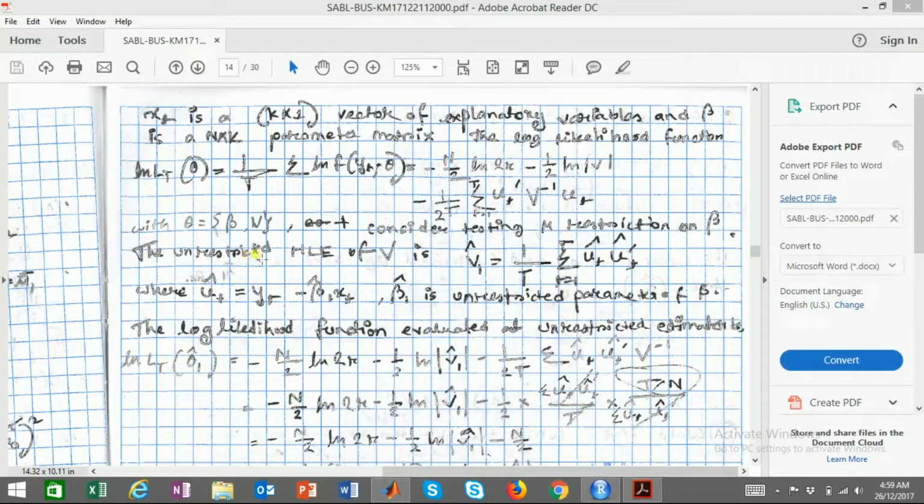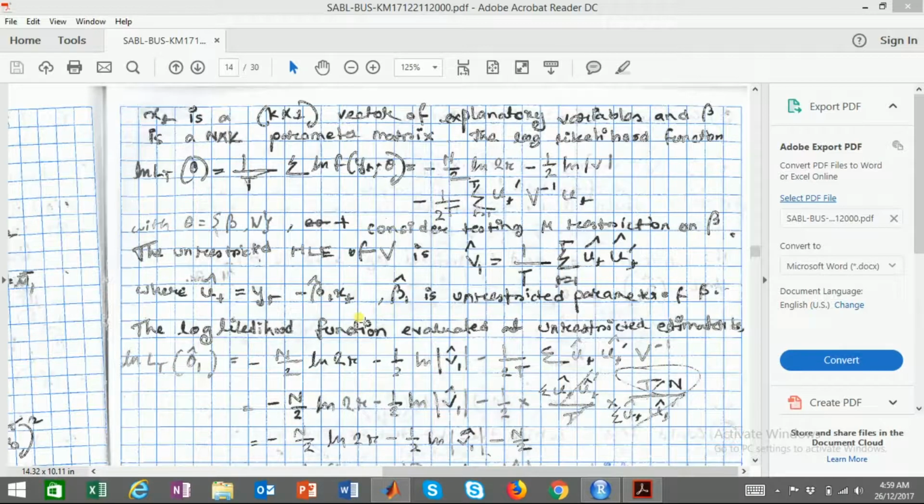Consider testing m restrictions on parameter beta. The unrestricted maximum likelihood estimator of the covariance matrix v is the mean multiplied to simply the disturbances, where the disturbance hat is yt minus beta hat multiplied to xt.